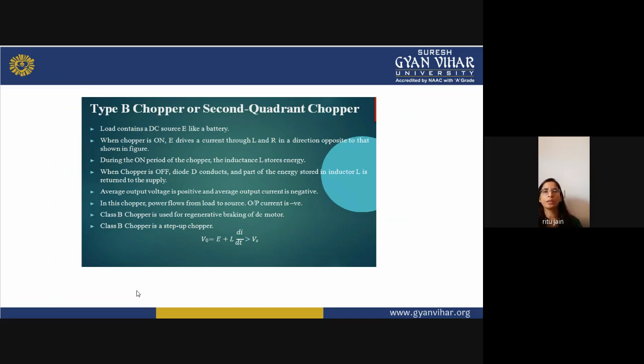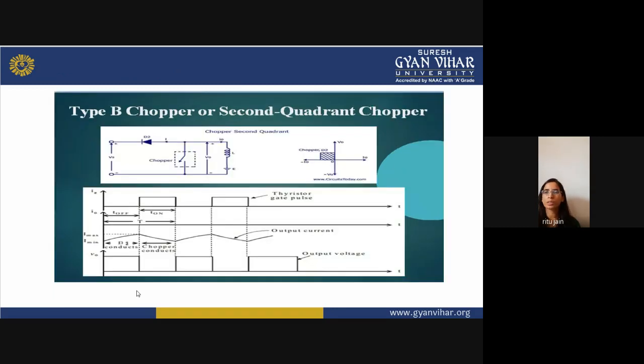In the class B chopper, the load contains a DC source E, like a battery. You can see that in the load there is an inductor and a battery E.